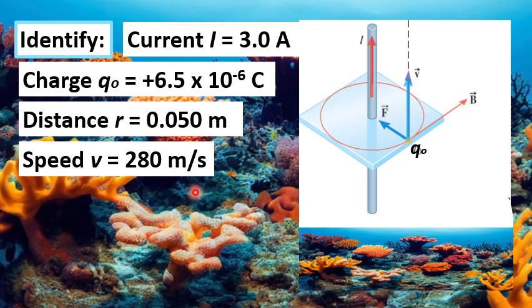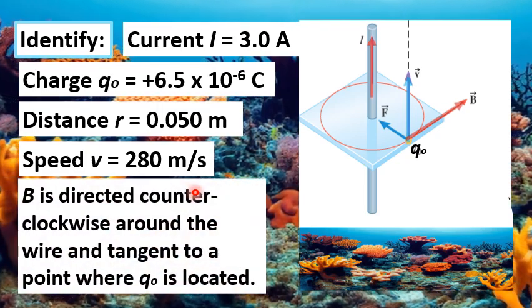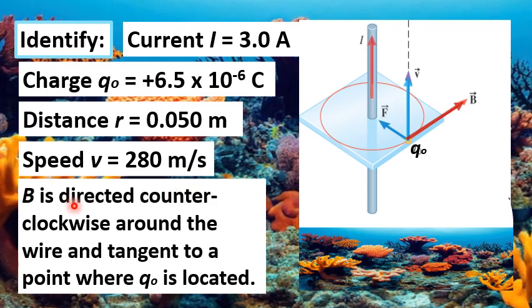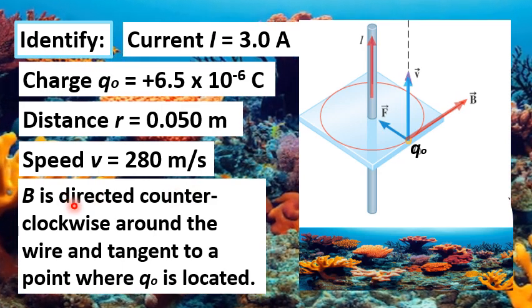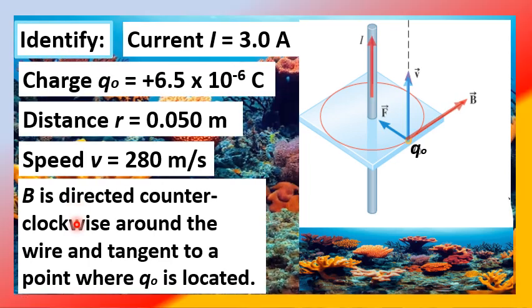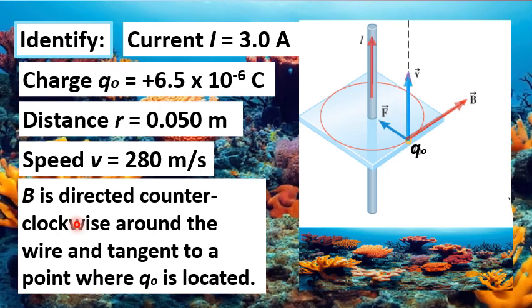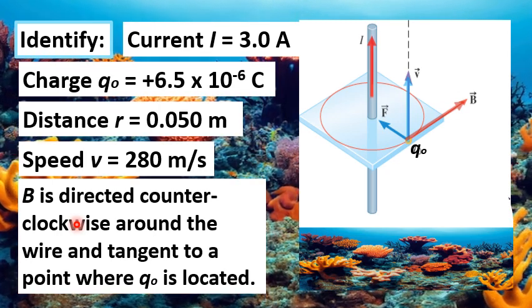The current carrying wire induces a magnetic field denoted by capital B around the straight wire in a counterclockwise direction, following the right-hand grip rule.